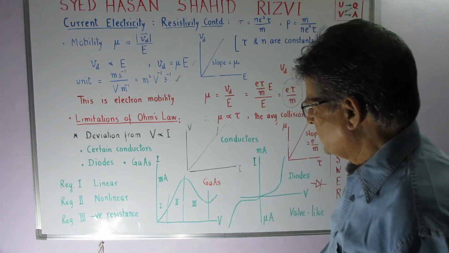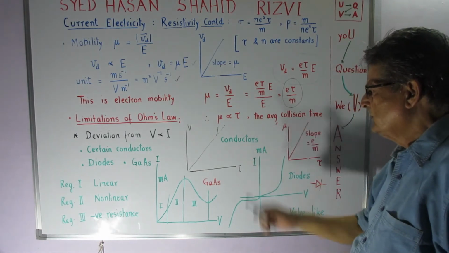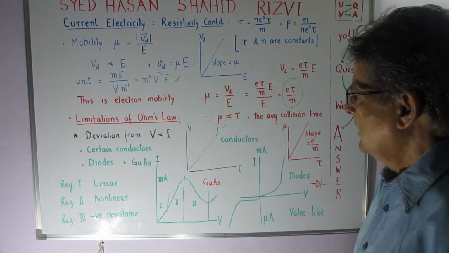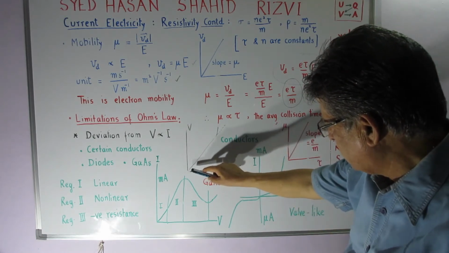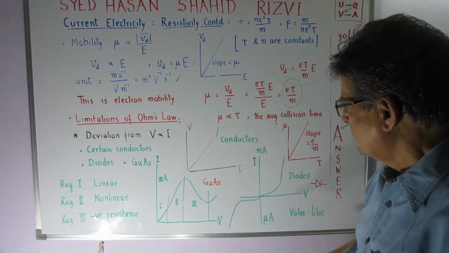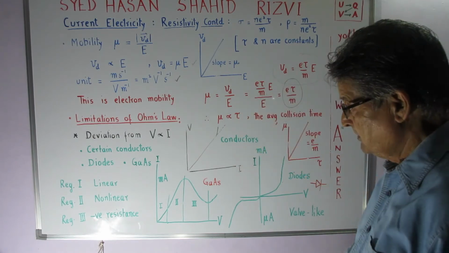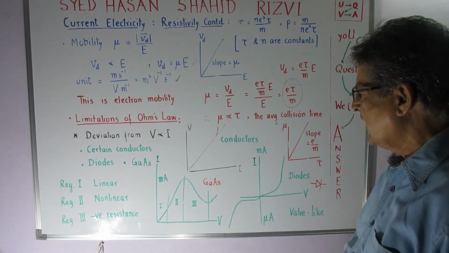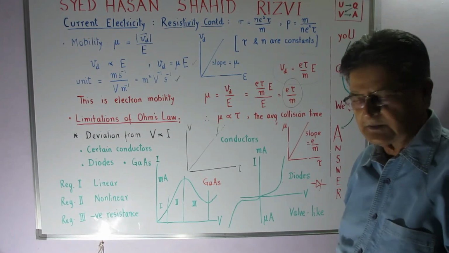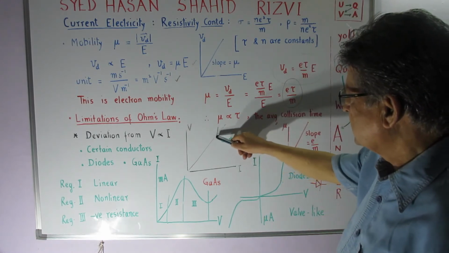So there is a deviation, and I show you the deviation in the VI curve for conductors. Okay. What happens is, actually the curve should have been a straight line, which continues as the dotted line here. But the material is such that the behavior is such that there is a deviation.